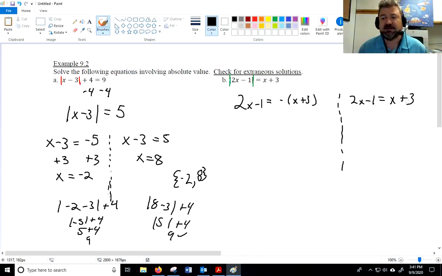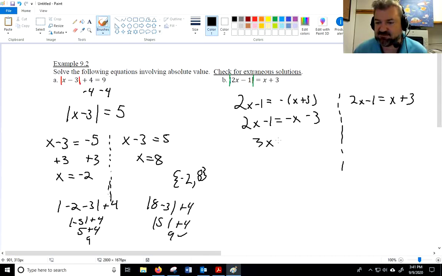But this step here, I really don't know whether these answers will be extraneous or not, because that's a dangerous step that we just did. Let's solve. Well, it's not dangerous. It's the right thing to do. I just mean that I know that removing absolute value bars in a situation like that can cause extraneous solutions. So we've got to be careful.